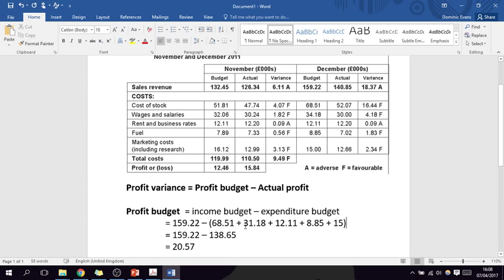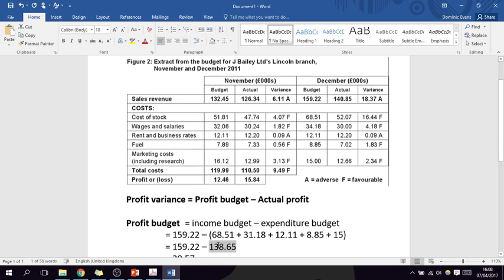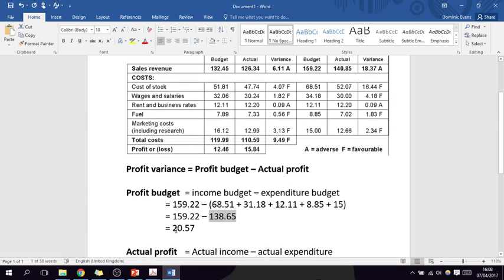Okay, and I've done that calculation down here, and when we take the total costs from the budgeted sales revenue of 159.22, when you add those costs together, you get 138.65. That leaves us with 20.57 there.